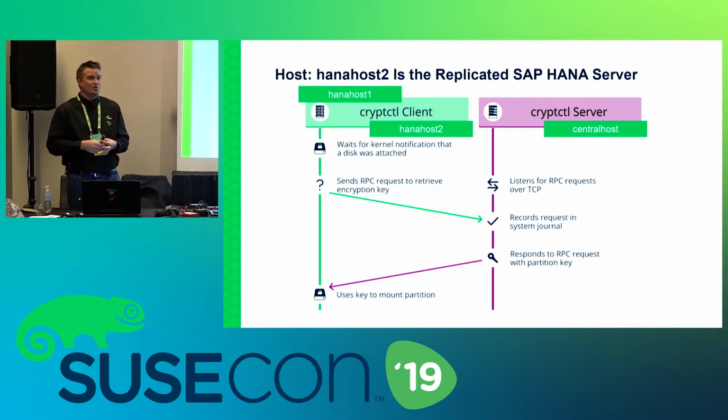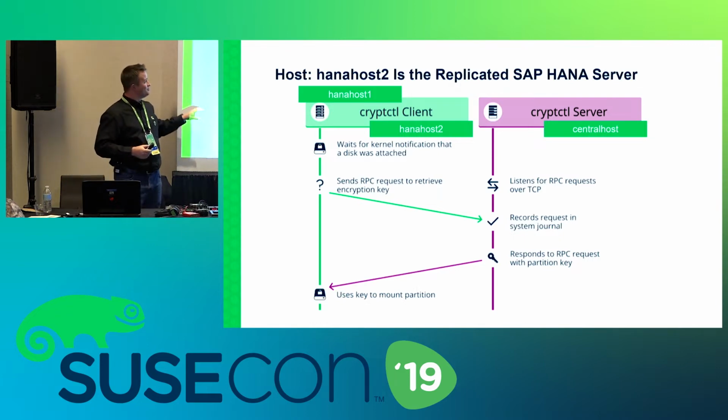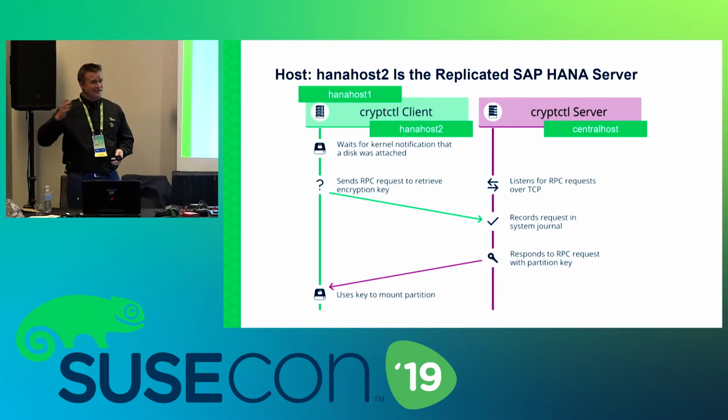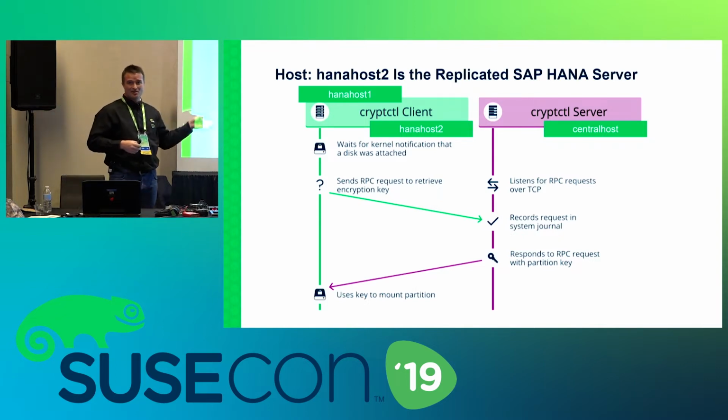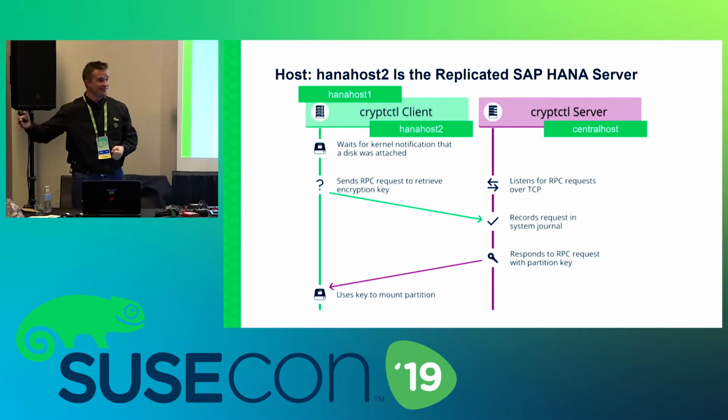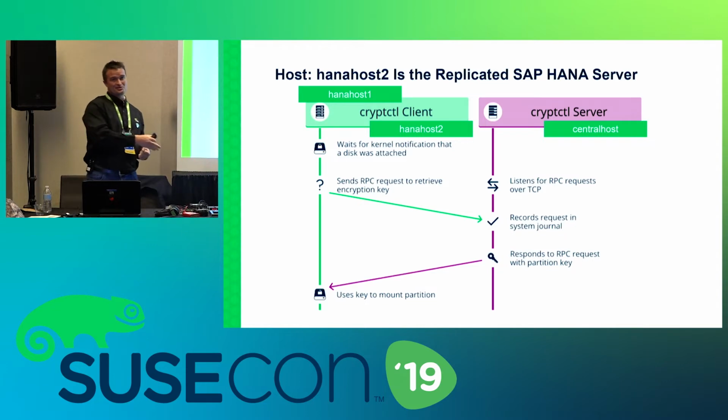So if someone stole my whole server and I've got Crypt-CTL, at boot time, my etc fstab will basically read that I need to start up a partition. As soon as it wants to start up the partition, it would go and find the key on probably a different data center or at least a different host, and only then unlock this drive.